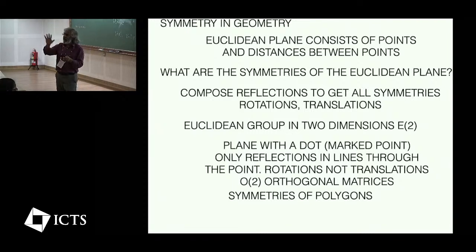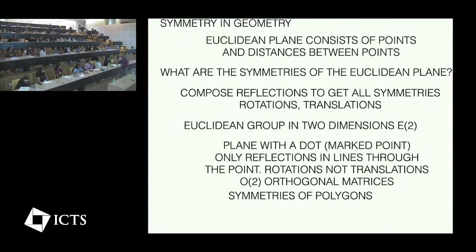What are the transformations of the plane that do not change distances? You have to map the plane onto itself in some way that doesn't change distances. Rotations in the plane. Yeah, that's a very good one.